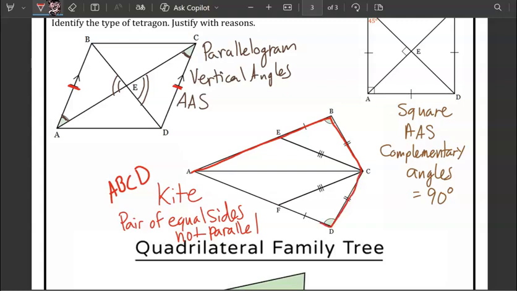And then on the inside of this kite contains a different tetragon. It's a rhombus. So tetragon AECF is a rhombus.